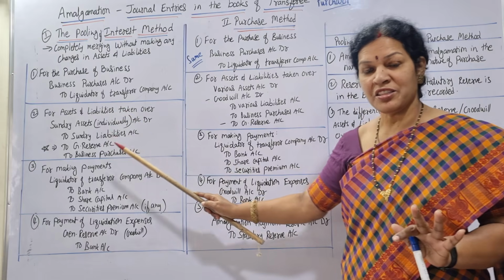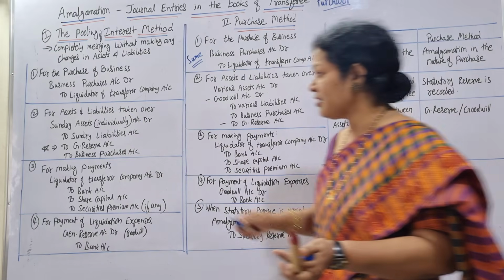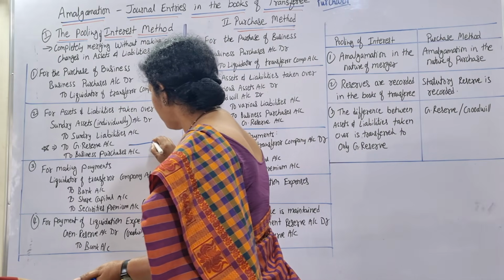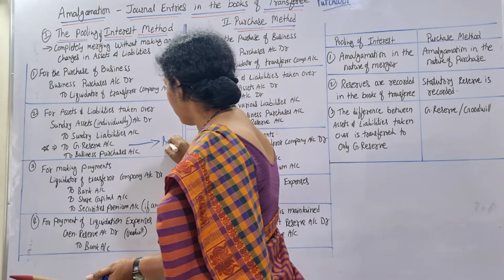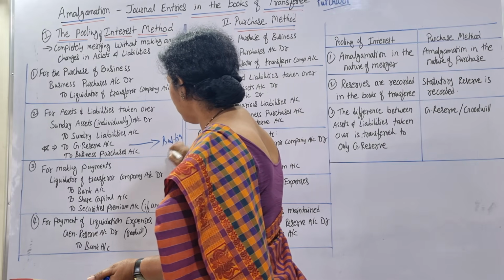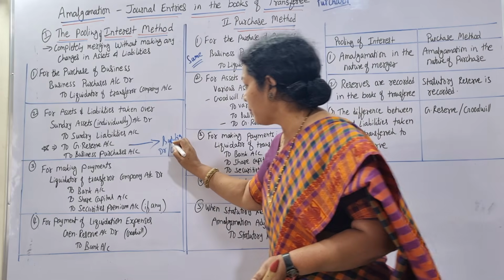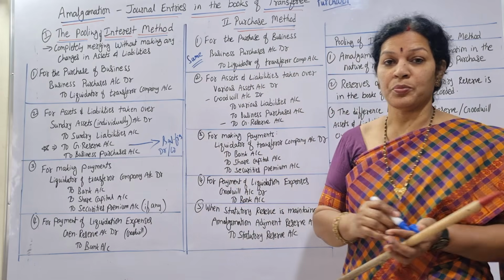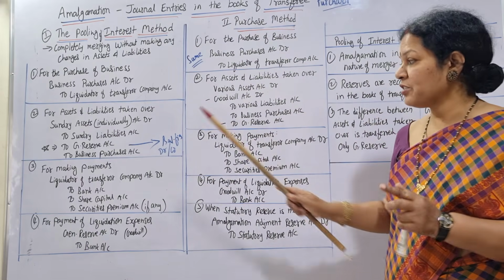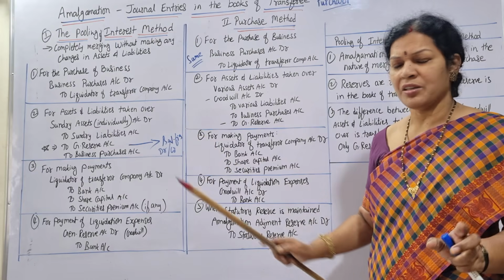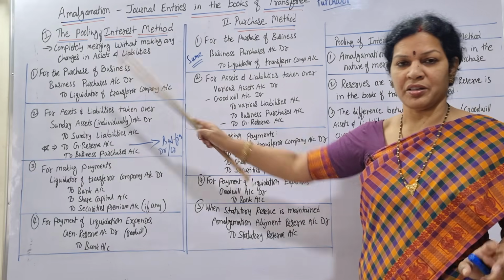In the pooling of interest method, balancing figure we used to call it general reserve only, whether it may be debit or credit.